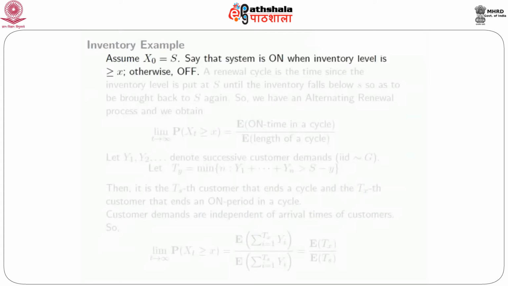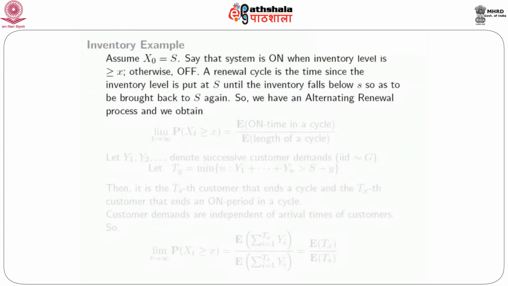Assume that X_0 is S, that is, it starts with a full inventory, the maximum inventory level, which is capital S. Say that the system is on when the inventory level is greater than or equal to x, otherwise off. And what is a renewal cycle?